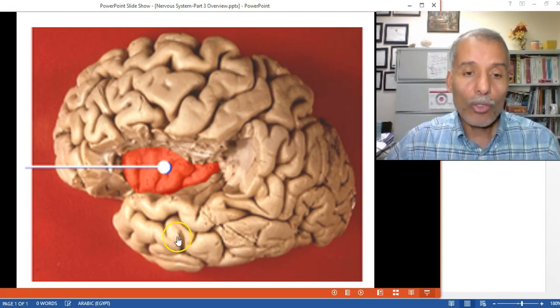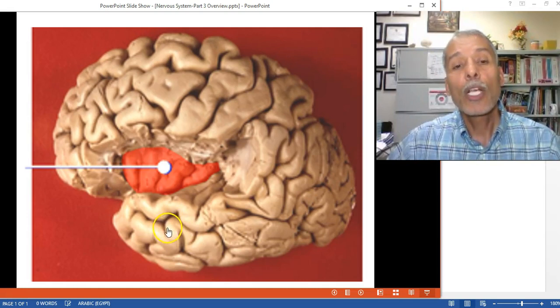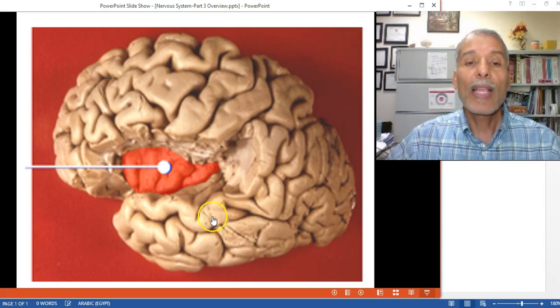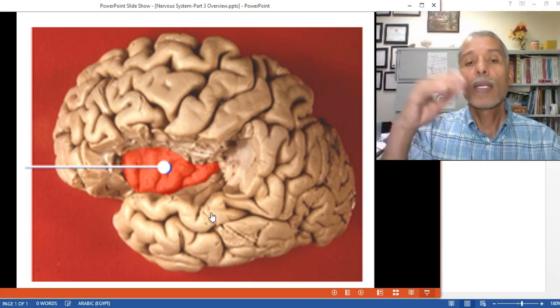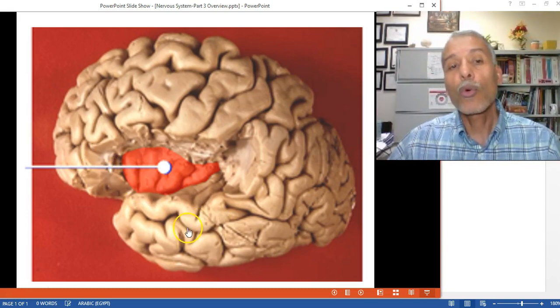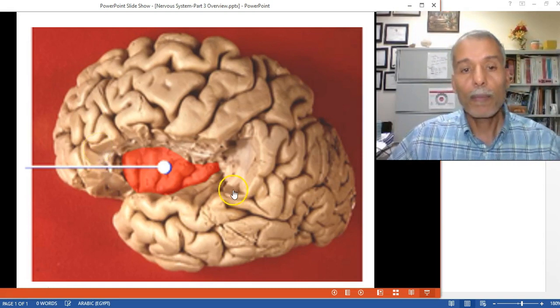And now the auditory association cortex works with the memory center, with the hippocampus, to give you the meaning of it, bring it to Wernicke's, and now you have a complete word that has meaning, and it is ready to send to Broca's area, so you could say the word, or you could process it silently.